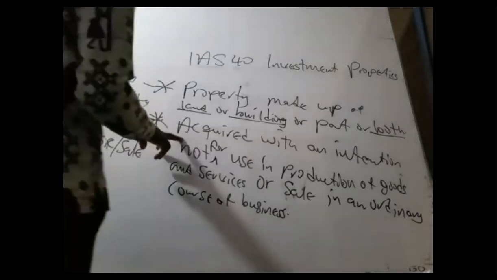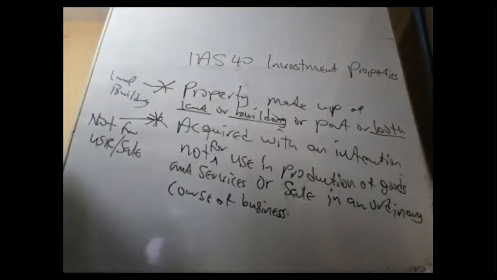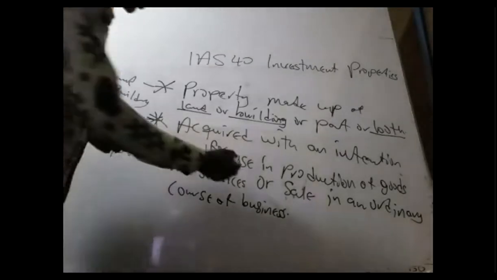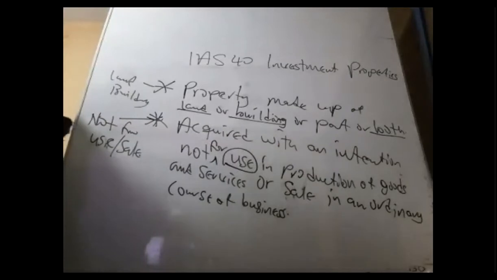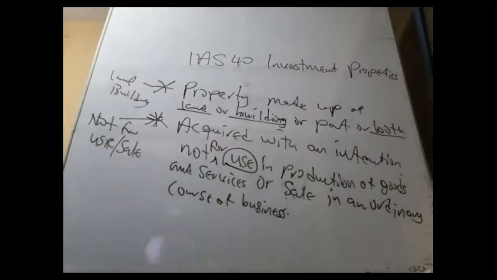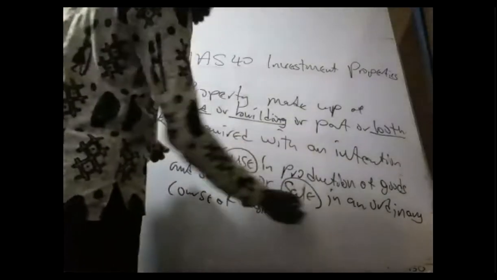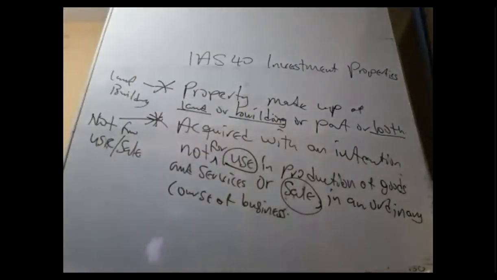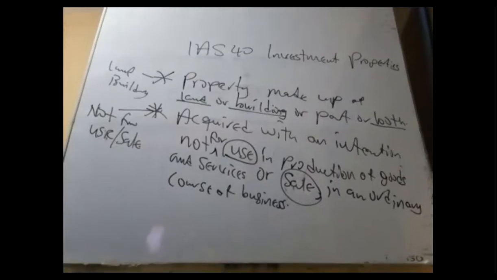So acquired with an intention not for use in production of goods and services. So why should you acquire a building or a land, or a part of a land, or both land and building, that you said is not for use? That means you will not operate in it. Second, not for sale. Wow. But what for? Let's look at the reason for the acquisition.